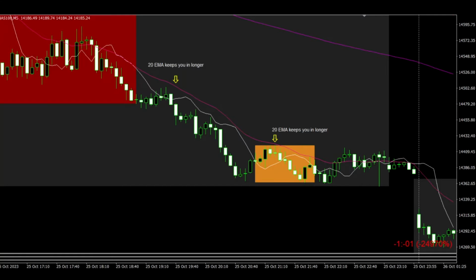However, if you used the 20-period EMA, you would have stayed in the trend all the way down to here. And you still see this is another exit off of the 4-period EMA, where the 20-period EMA still keeps you in the trade. You do not get out of the trade until this candle on the 20-period EMA. Once it closed above, that is your exit. That is a long distance between this candle and this candle.